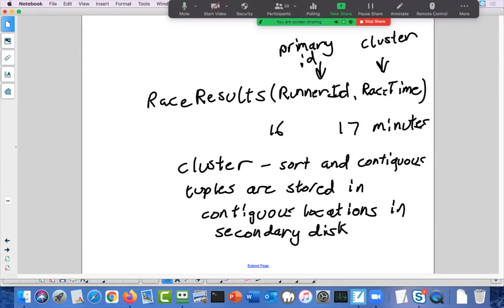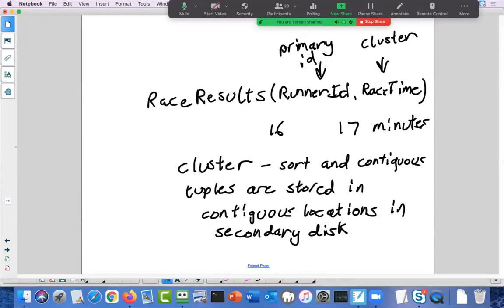Now, we can't assure that it's completely contiguous in the sense of an array. As you will see, the blocks will end up scattered around secondary storage. So it's only the tuples within the same block that are stored contiguously. But nonetheless, if 15 tuples satisfy the result, we only have to read one block.